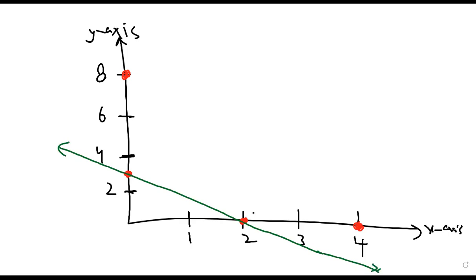As I have already told you, it's a dotted line, not a dark line. The first line, from 4, 0 to 0, 8, is also a dotted line.